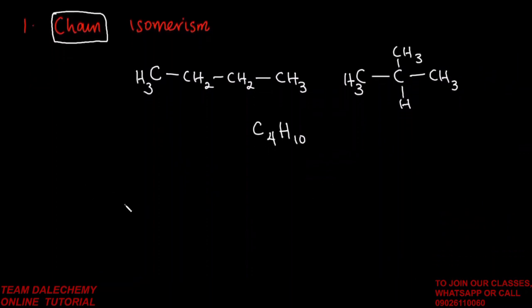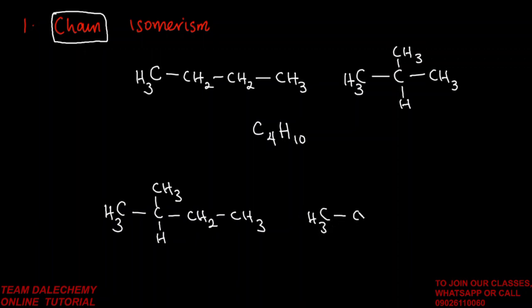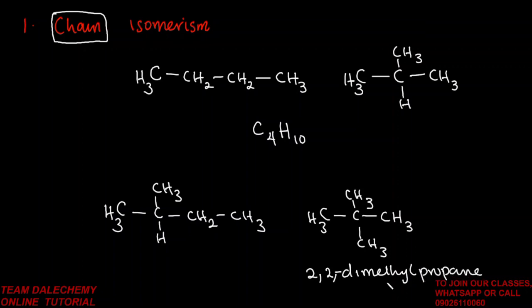For instance, if we have CH3, CH3, CH2, CH3, this is 2-methylbutane, and you have CH3, CH3, CH3, CH3, and this is 2,2-dimethylpropane.